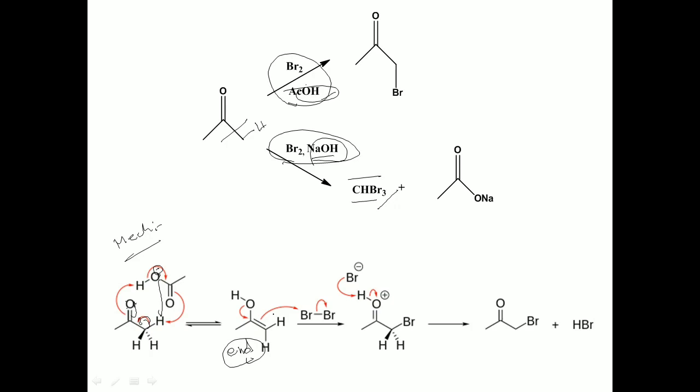Now this enol attacks the bromine, like an electrophilic addition type of reaction. The pi electrons transfer to this carbon, and this carbon carries a negative charge. This negatively charged carbon attacks the Br plus, leaving out the Br minus. With loss of H plus, the H plus and Br minus combine, so there is loss of HBr.